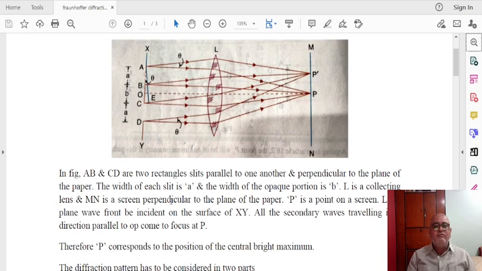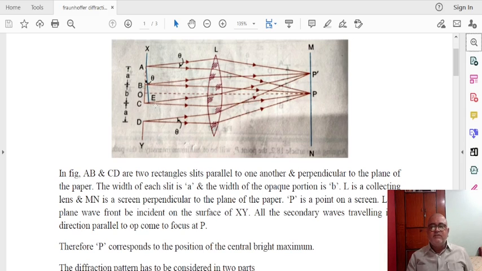Let a plane wavefront be incident on the surface XY. On this plane surface XY, a wavefront is incident.